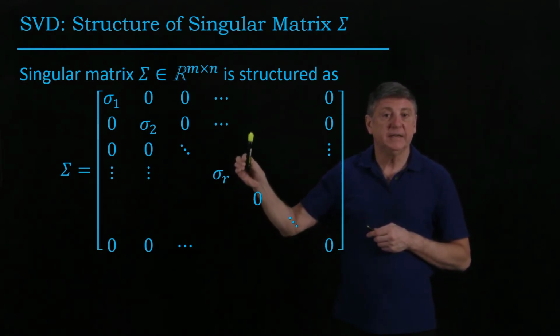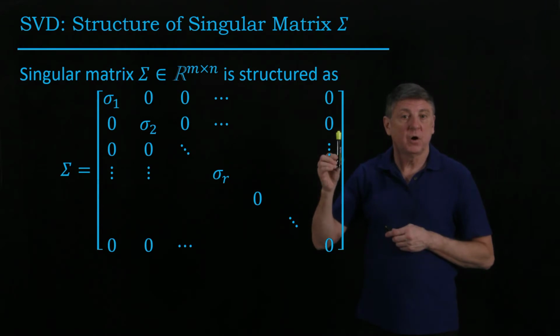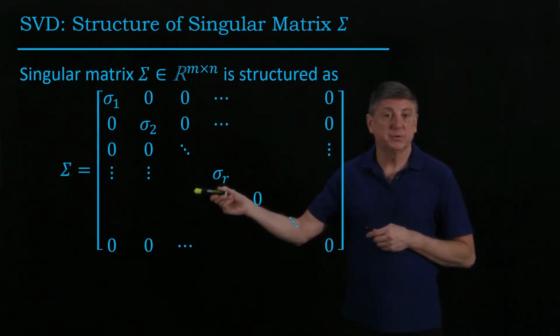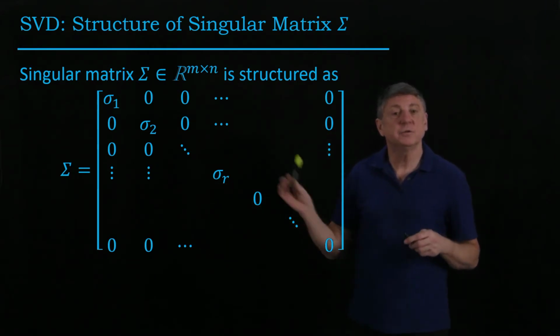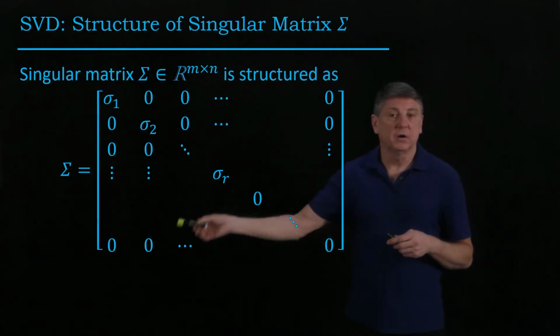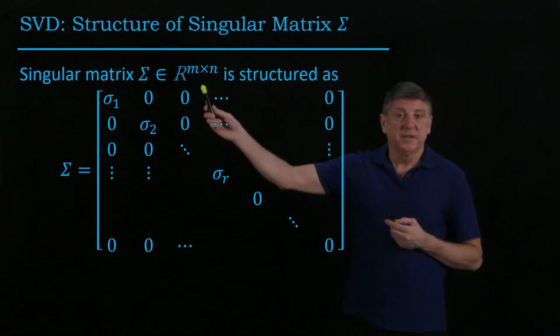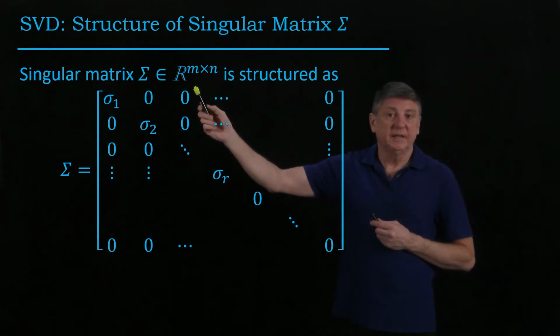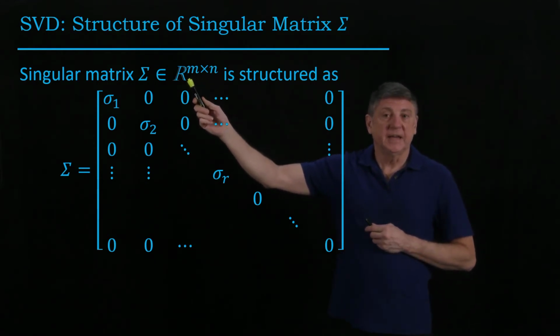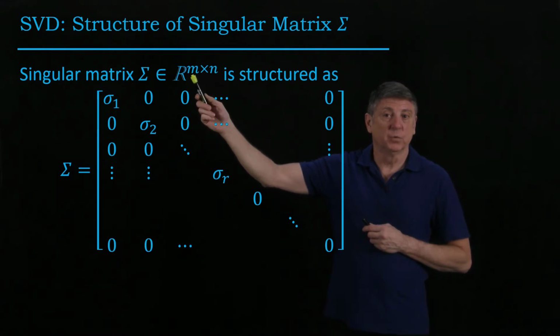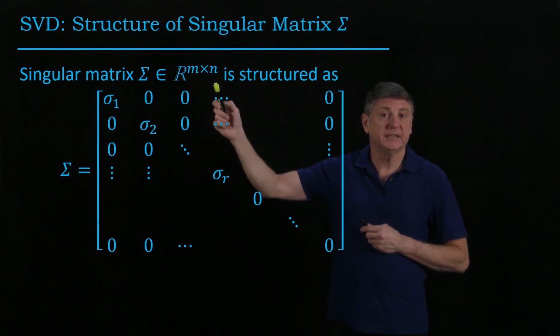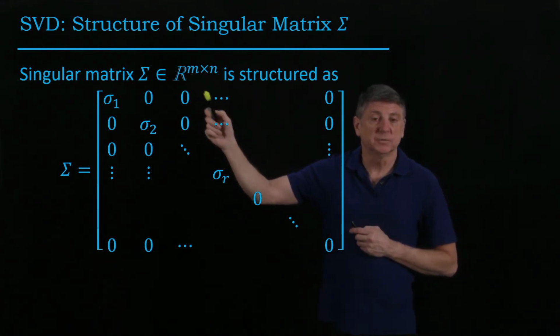And then as needed, we may have zeros on the right part, and we may have zeros on the bottom part. These cases are represented here, and they handle the situation in which the original matrix A is rank deficient, and in one case it has more rows than columns, and in the other case it has more columns than rows.